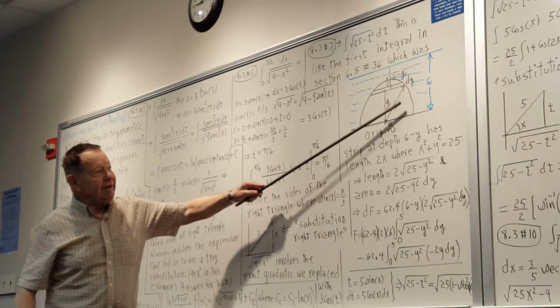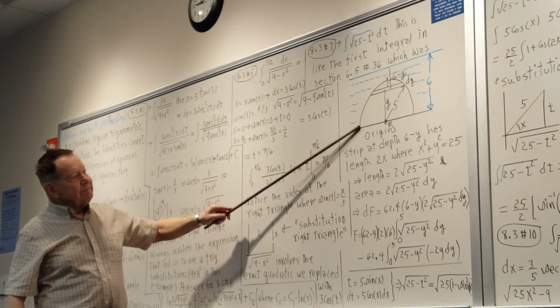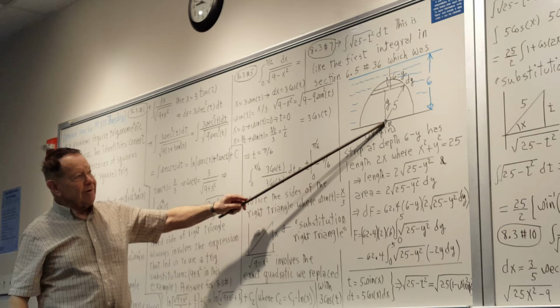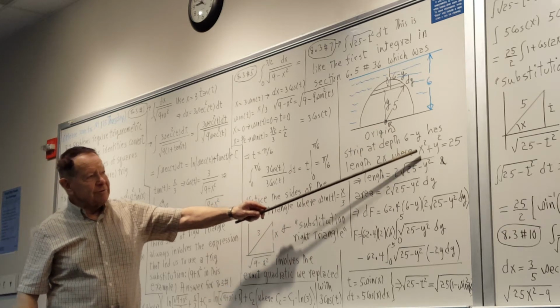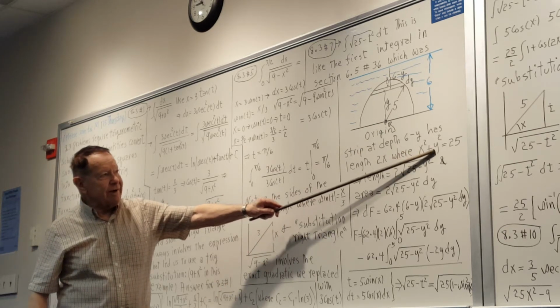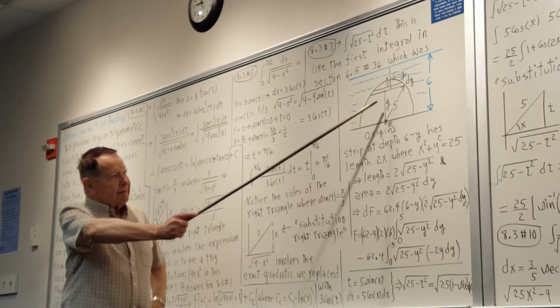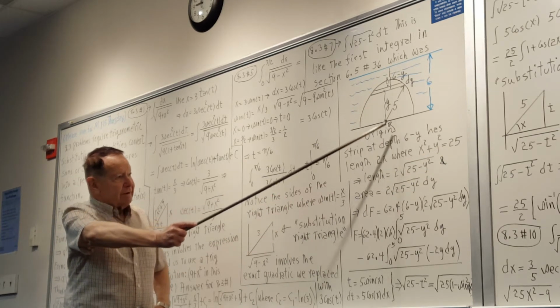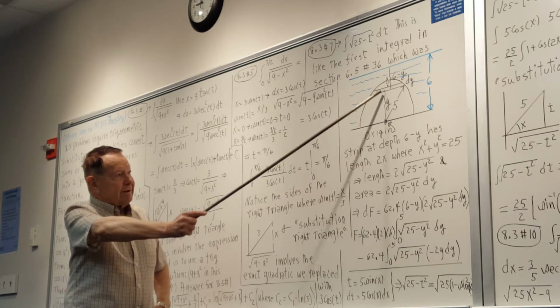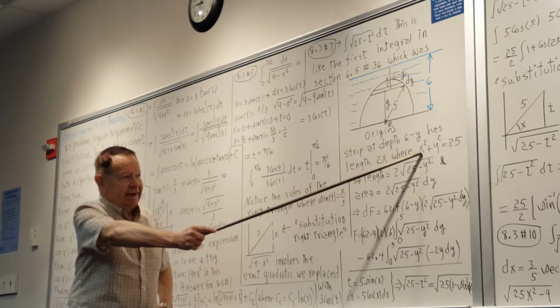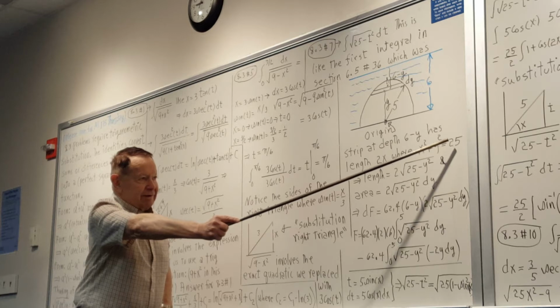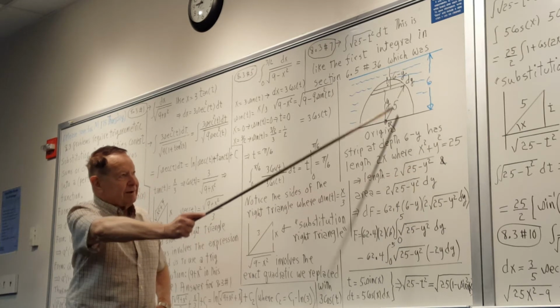And we have the formula for the circle when the origin is here, which would be the sum of the squares equal the squared radius. So then your x, if you solve this for x, is square root 25 minus y squared.